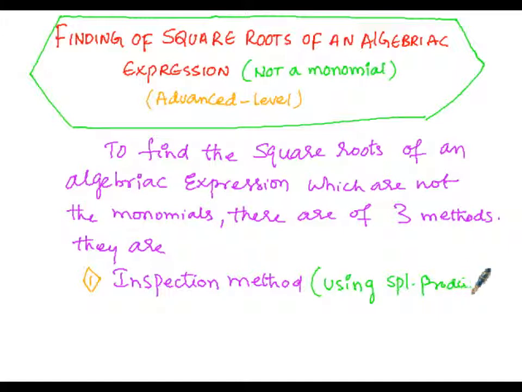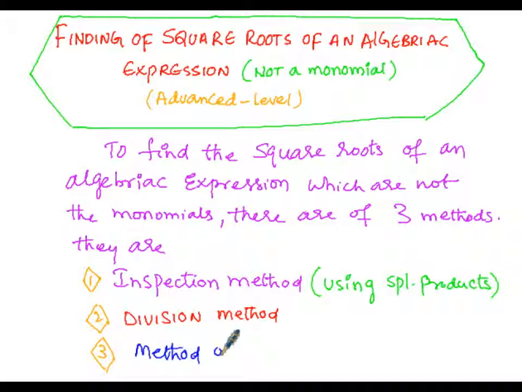So, in this manner we will be using the special products in the inspection method, and the second method is the division method. And the final one, the third method, is the method of undetermined coefficients.